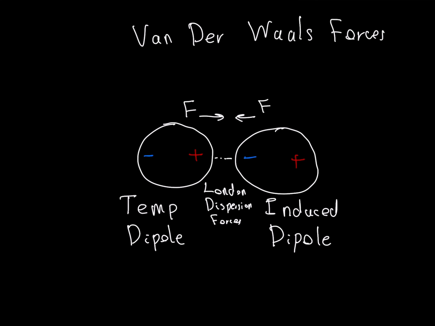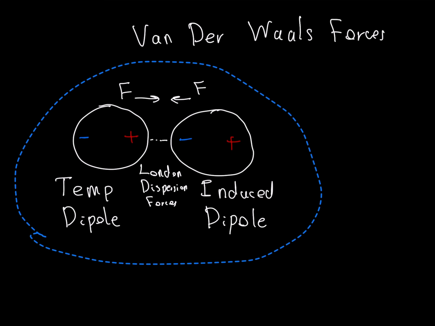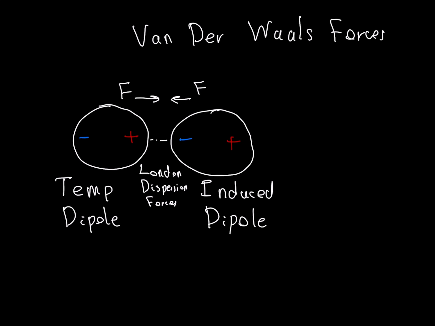Now, you need to understand a concept called polarizability, which measures how easily the electrons in an atom are polarized by the random motion of the electrons. So if we take the example of fluorine, which has 9 electrons, and iodine, which has 53 electrons, which one of them would be more easily polarizable?